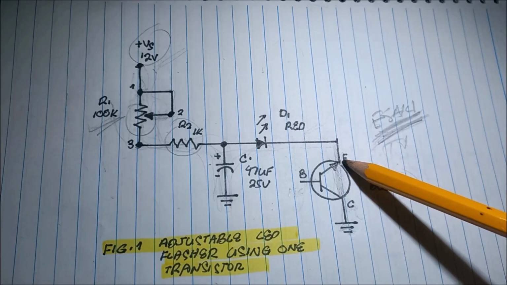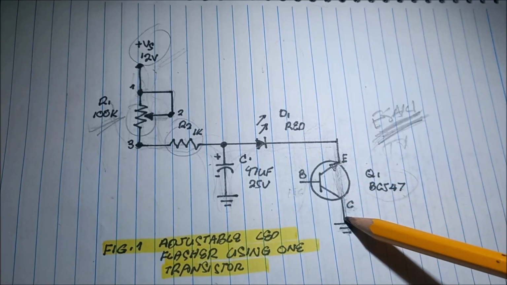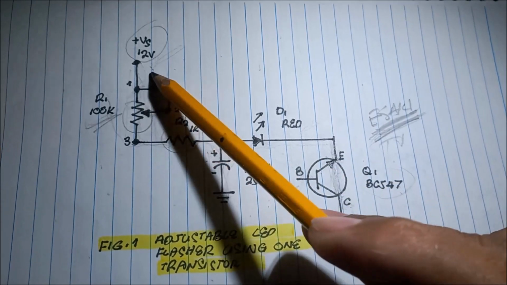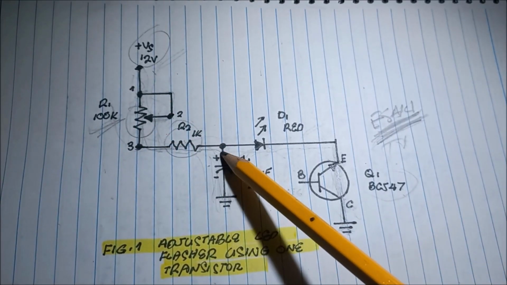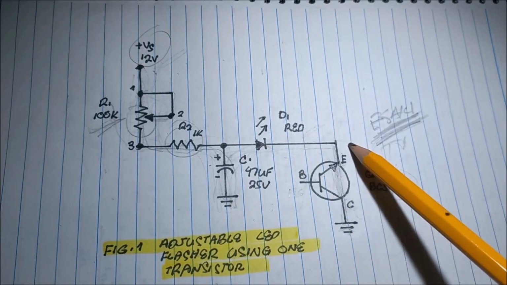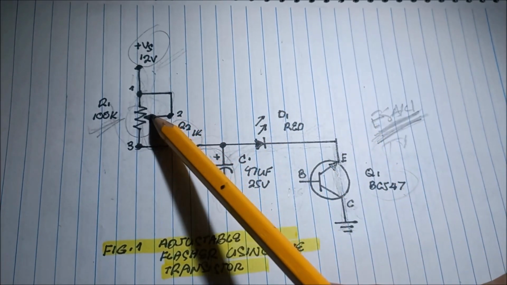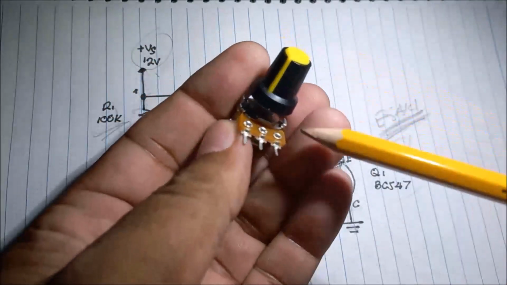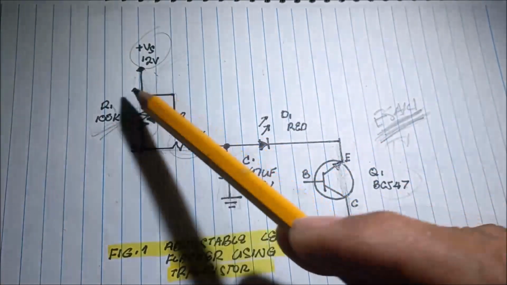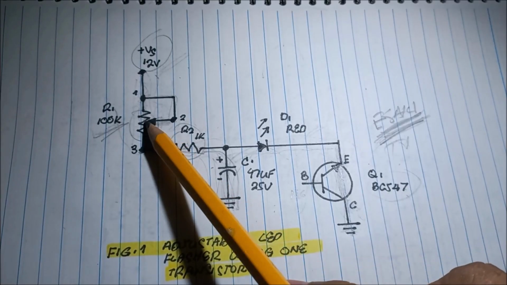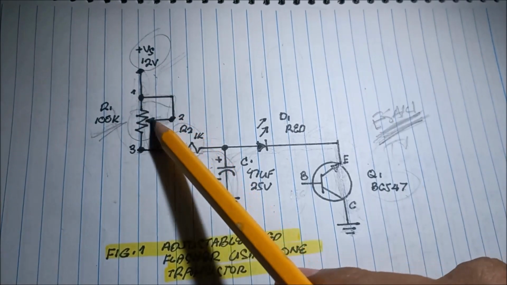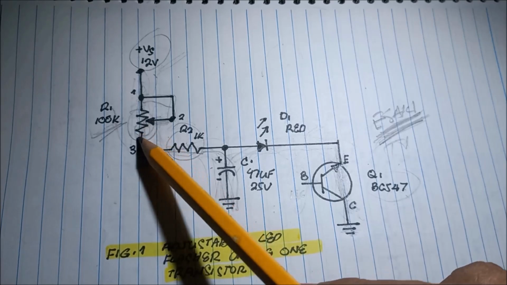Connecting the positive to the emitter, then the collector is grounded. So current flows through the resistors, charging this capacitor, then discharge. Since our fader is connected here, if we adjust it to the center, it will flow with less resistance.